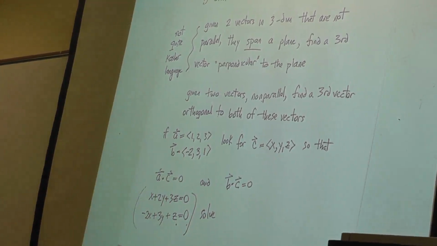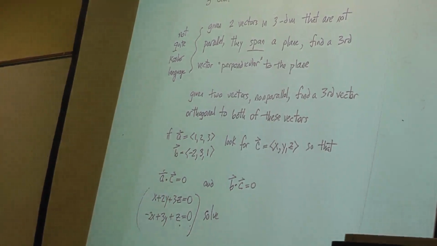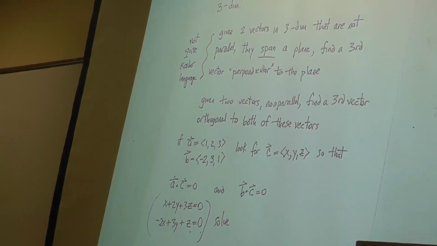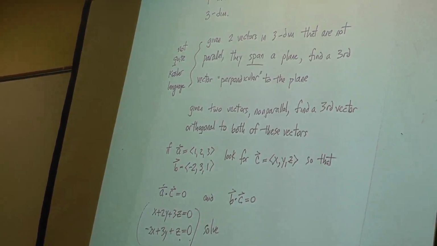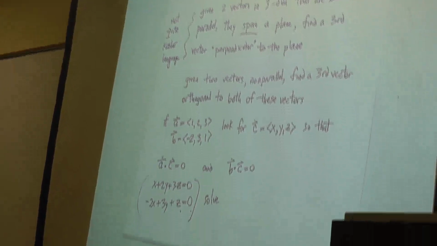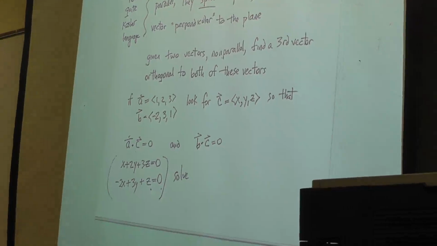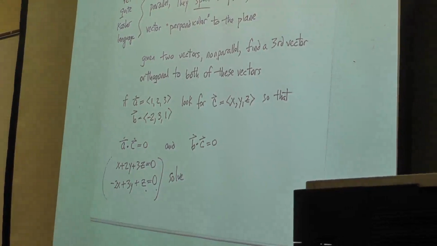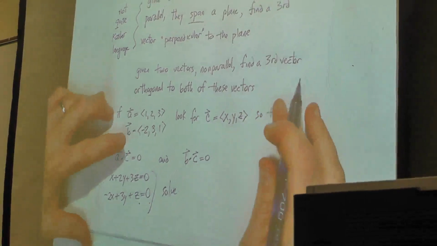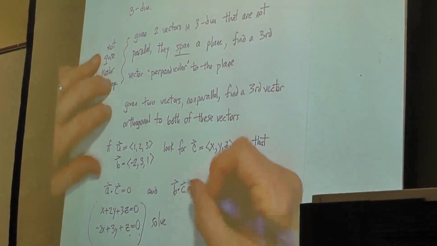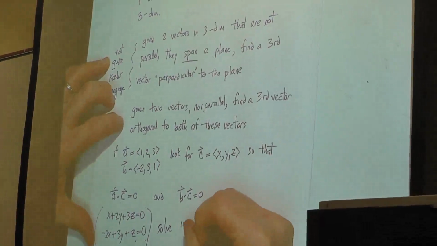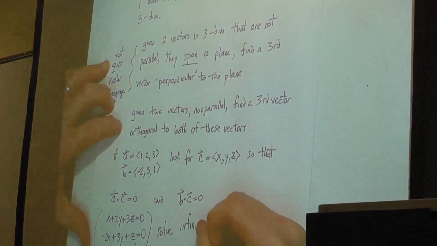If I had a vector like this and a vector like this, I can do this vector, I can stretch it, shrink it, take it in the negative direction. There's infinitely many possibilities. So, I'm going to narrow it down. So infinitely many answers here.